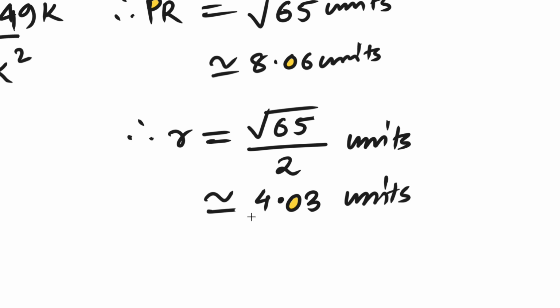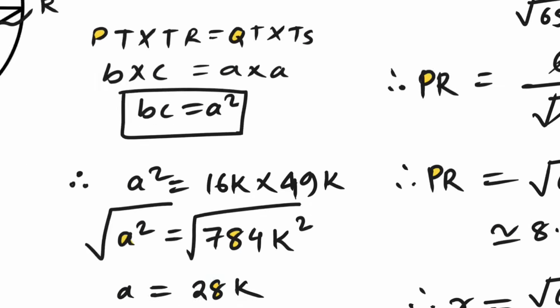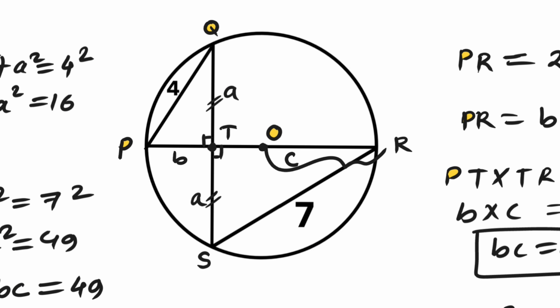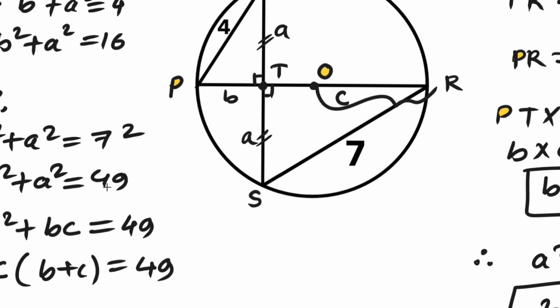And there is a beautiful shortcut that confirms this result. Look at the two given chord lengths, 4 and 7. Their squares are 4 squared, which is 16, and 7 squared, which is 49. Add them together and we get 16 plus 49, which equals 65.